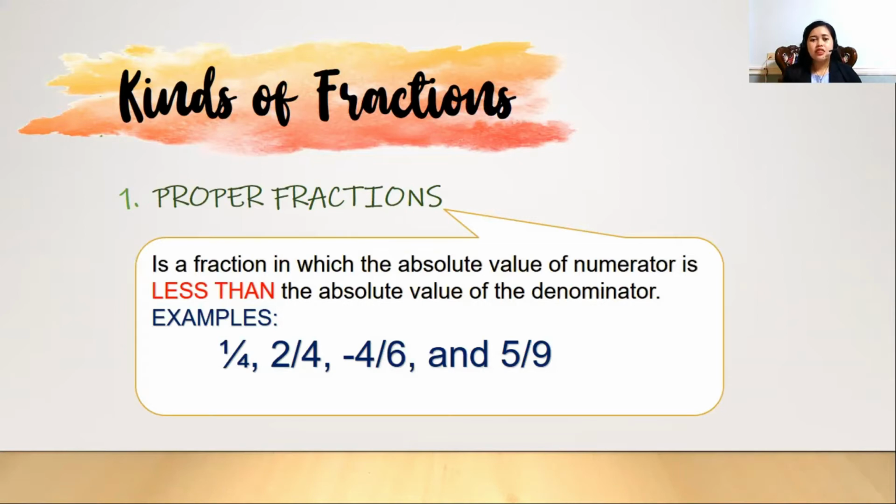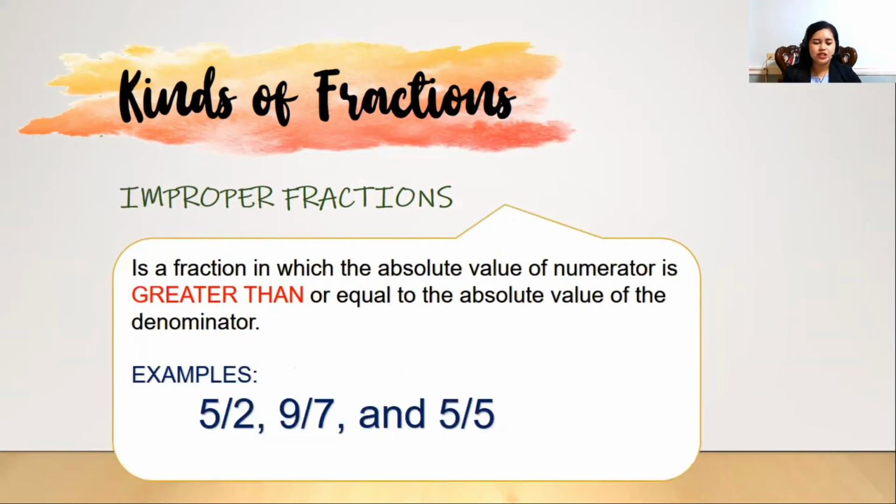Meaning, the number above the fraction bar is less than the number below it. For examples, we have 1/4, 2 over 4, negative 4 over 6, and 5 over 9. These are examples of proper fractions, where our numerator is less than the denominator.